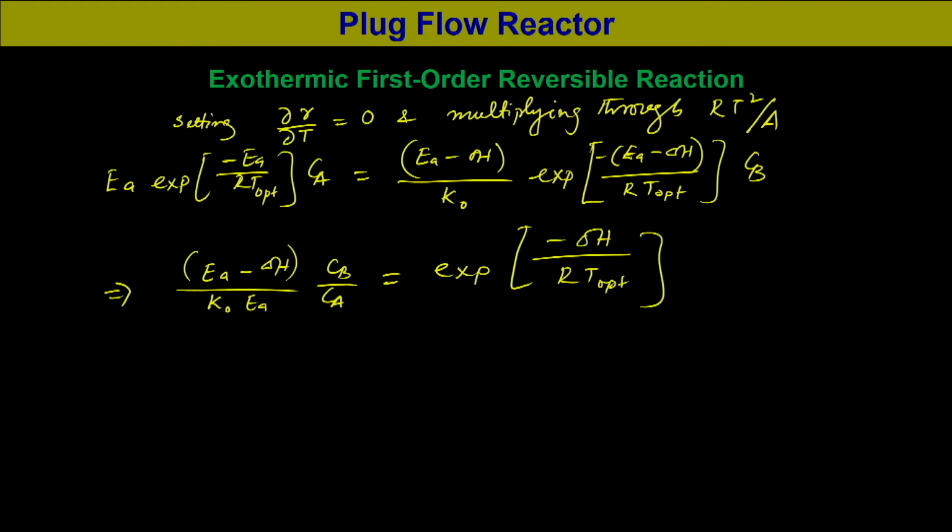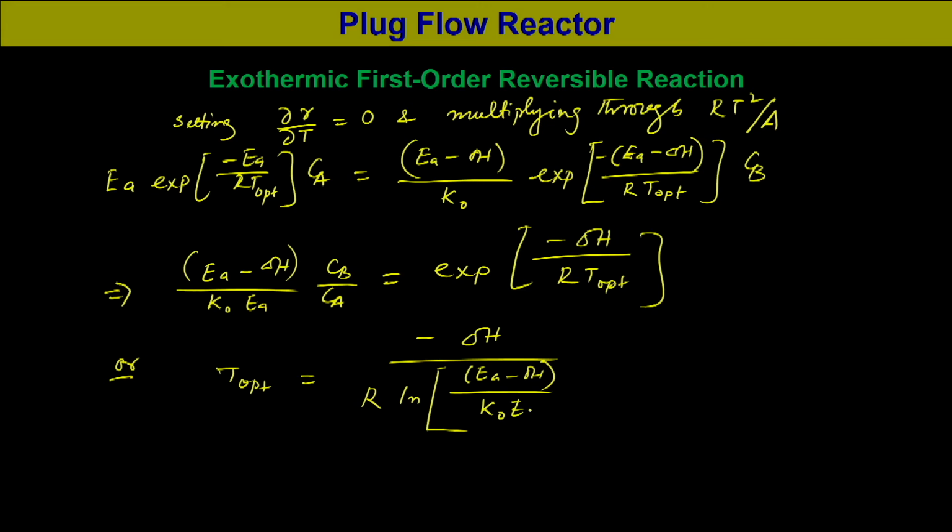This also we can write as T optimum would be equal to minus delta H divided by R ln of (EA minus delta H) by K0 EA into CB by CA.